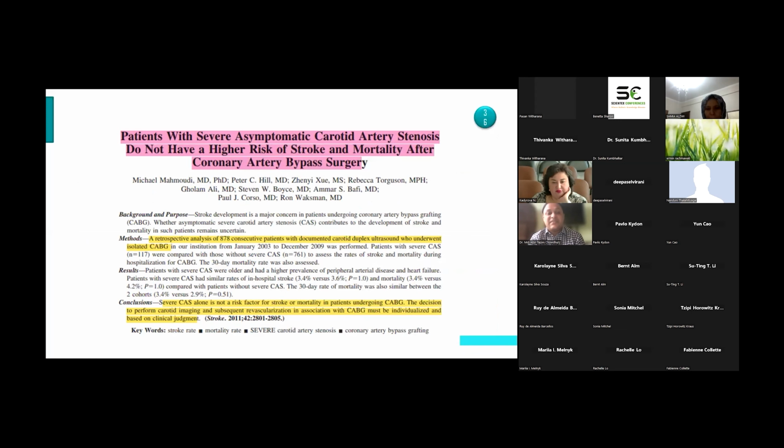Patients with severe asymptomatic carotid artery stenosis do not have a higher risk of stroke and mortality after coronary artery bypass surgery. In this regard, there is some other literature I found. Interestingly, another similar study revealed that severe carotid artery stenosis alone is not a risk factor for stroke or mortality in patients undergoing CABG.